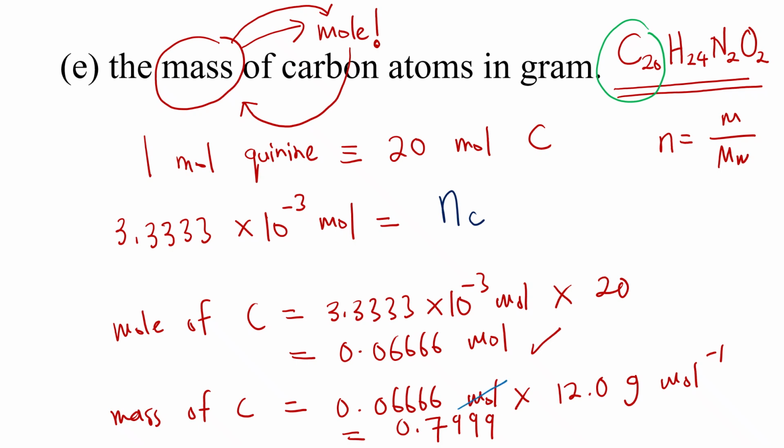Mole and per mole boleh cancel, dapat semula unit gram. So this is the mass for carbon atoms in gram in this quinine sample. Senang je kan? Very easy.